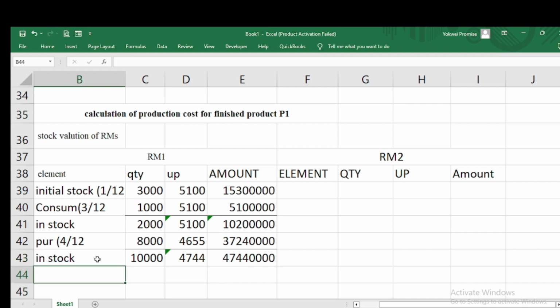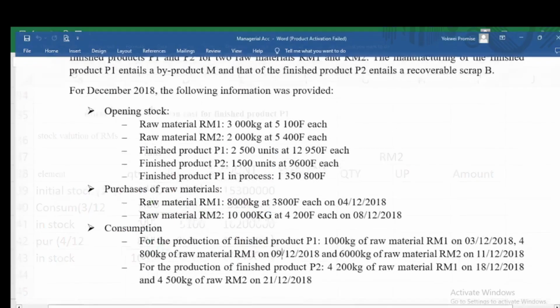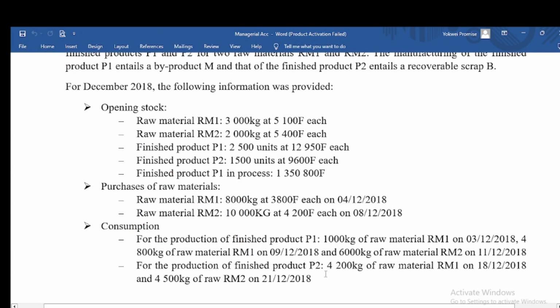All right, after that, the next thing was consumption on the 9th. Consumption, and it took place on the 9th. This is it. Consumption on the 9th, 4,800 units for raw material M1. 4,800 kg.